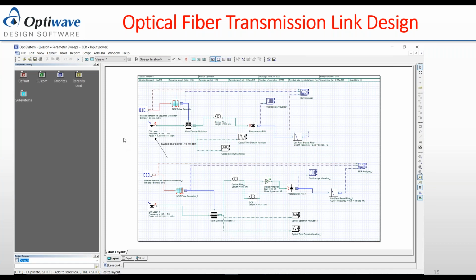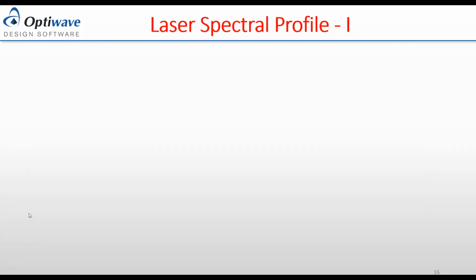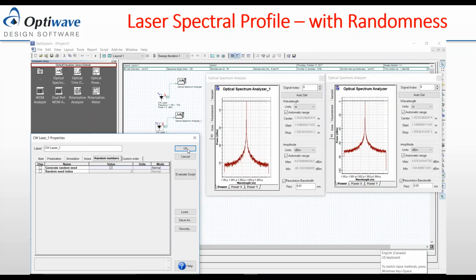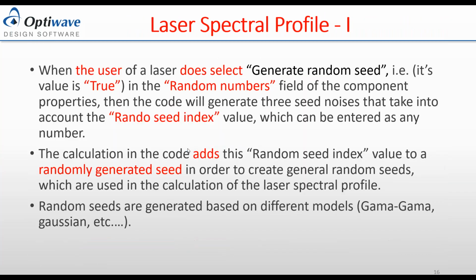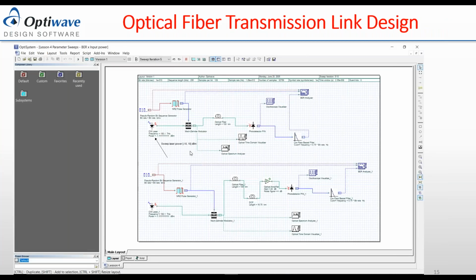Now, going back again to the project which we're going to calculate here. If you look again at the project, we have a laser diode, which, as we mentioned earlier, is a source of noise.